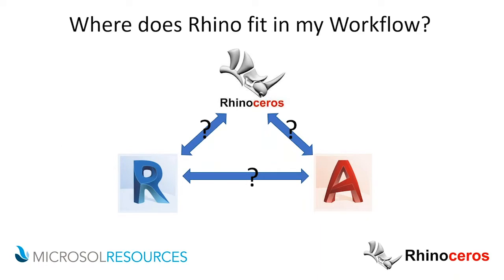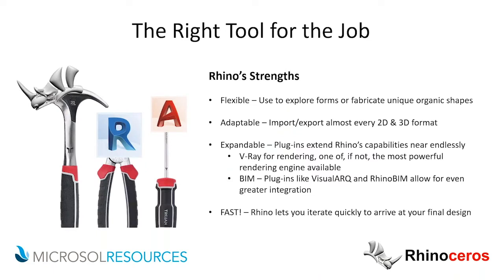So it's becoming much more of a priority for these firms to think about how you get it from Rhino to Revit, how you get it from Revit to Rhino, AutoCAD, vice versa, while preserving the geometry, while preserving all of the editable features of the model. And what it really comes down to is choosing the right tool for the job.